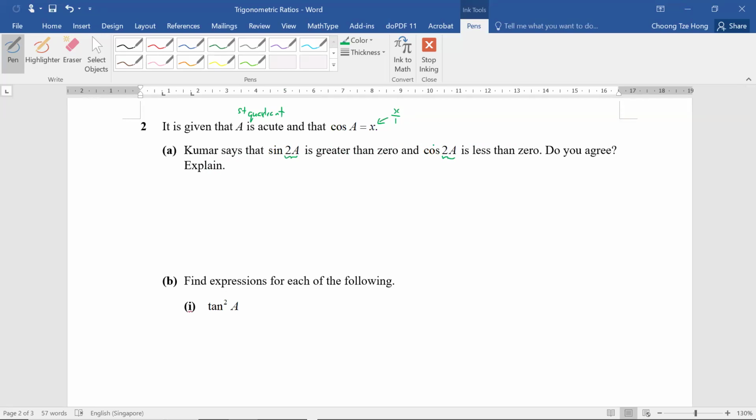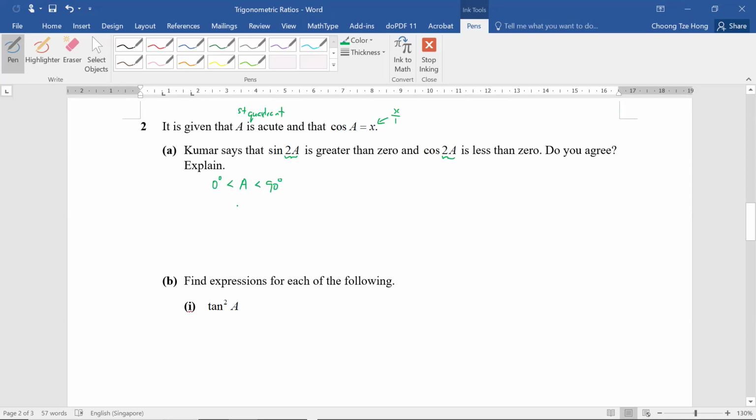So it's 2A. So now we need to know which quadrant 2A is in, so that we know whether sine 2A is positive and whether cosine 2A is positive or negative, right? So we will start off by doing this. So A is acute, right? So if it's an acute angle, that means it's greater than 0 but less than 90.